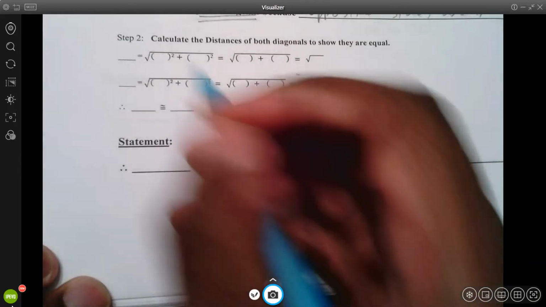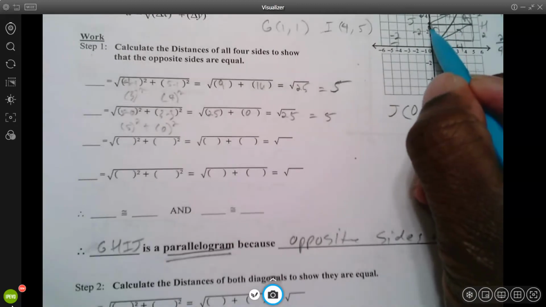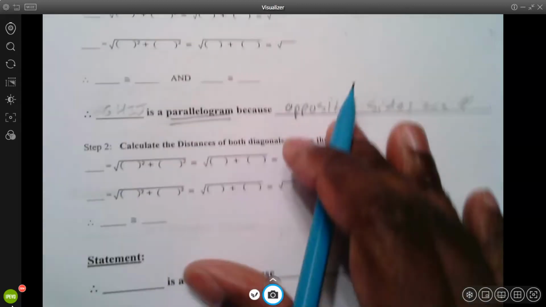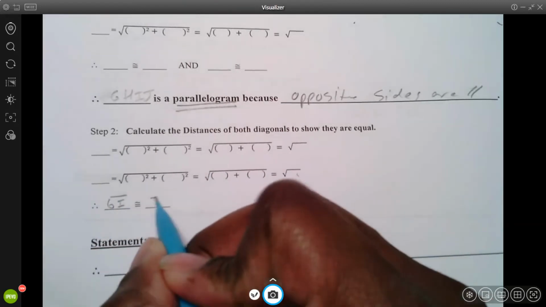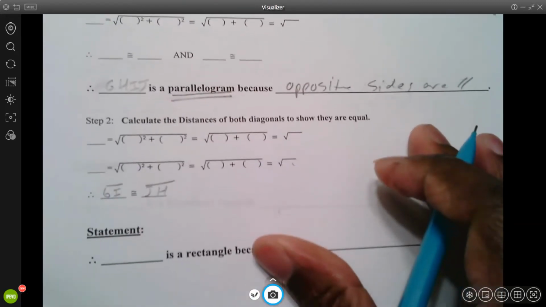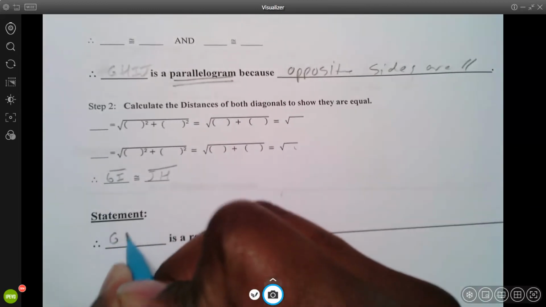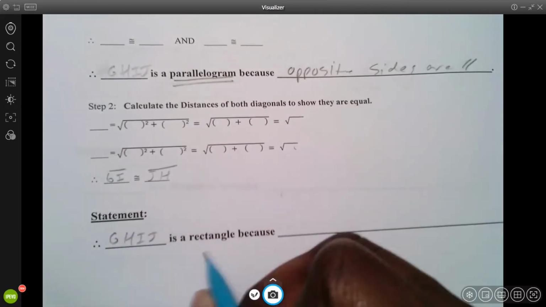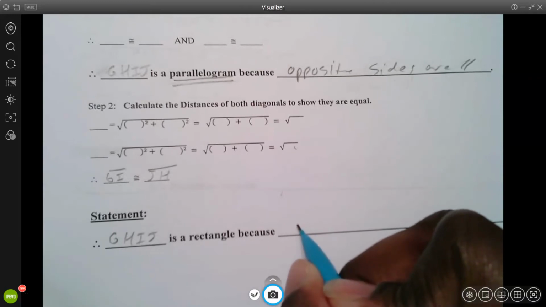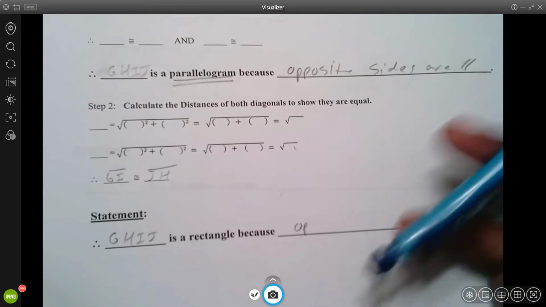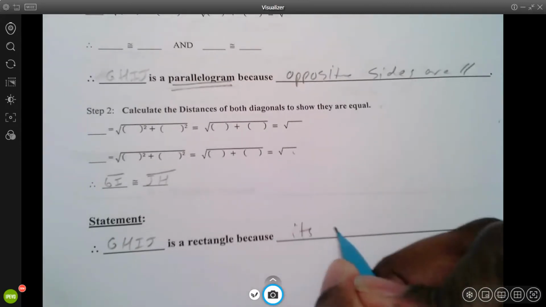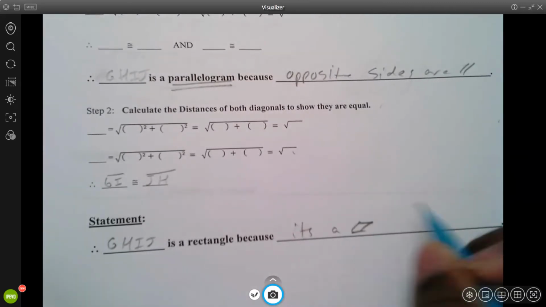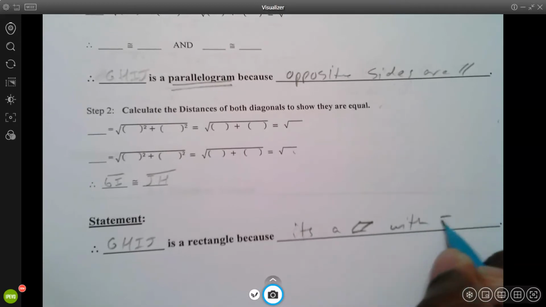So I can say that GI and segment JH are congruent. So GHIJ is a rectangle because it's a parallelogram with congruent diagonals.